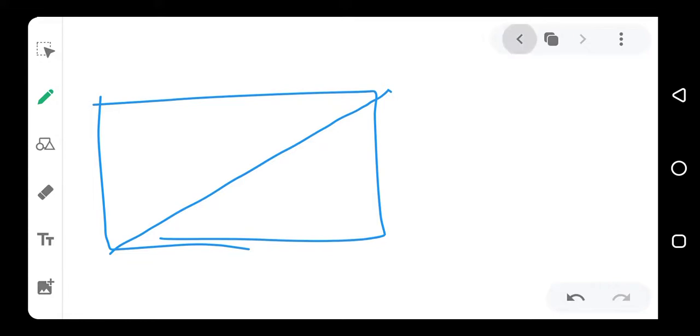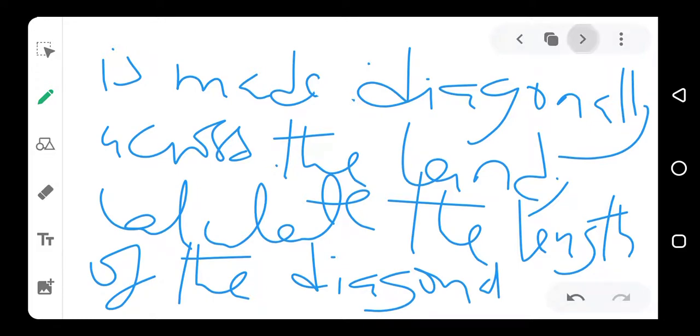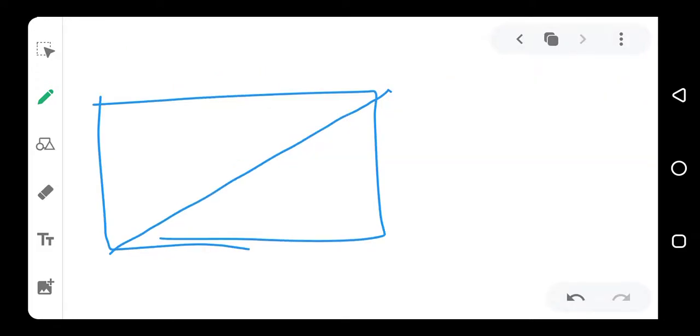Now we know that the land measures 5 meter by 2 meter. 5 meter by 2 meter means that one side of the land is 5 meter and the other side of the land is 2 meter. So we can now say the longest side of the rectangle is 5 meter and this side is 2 meter. Now let's call the diagonal or the pathway created x.